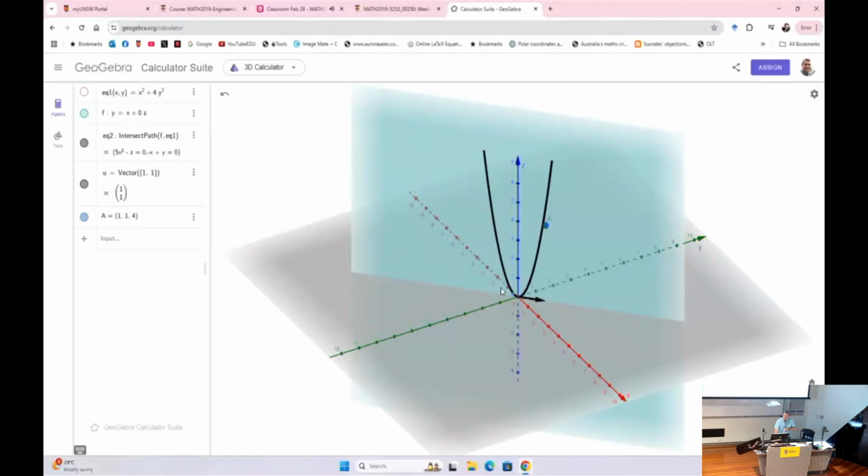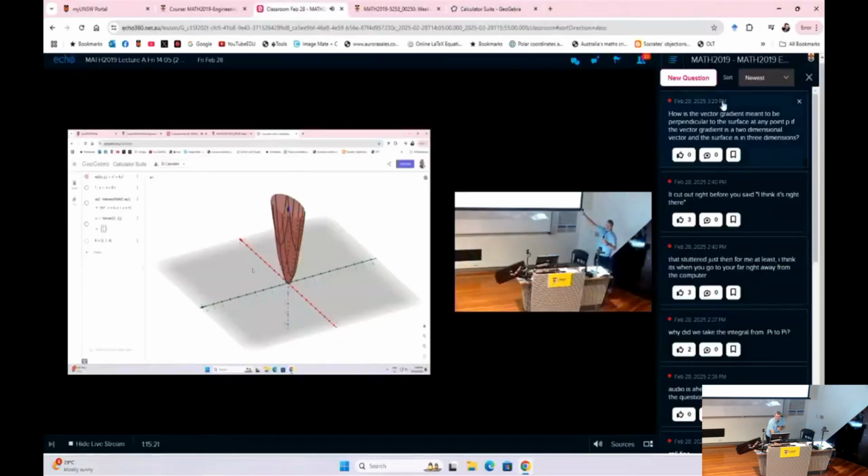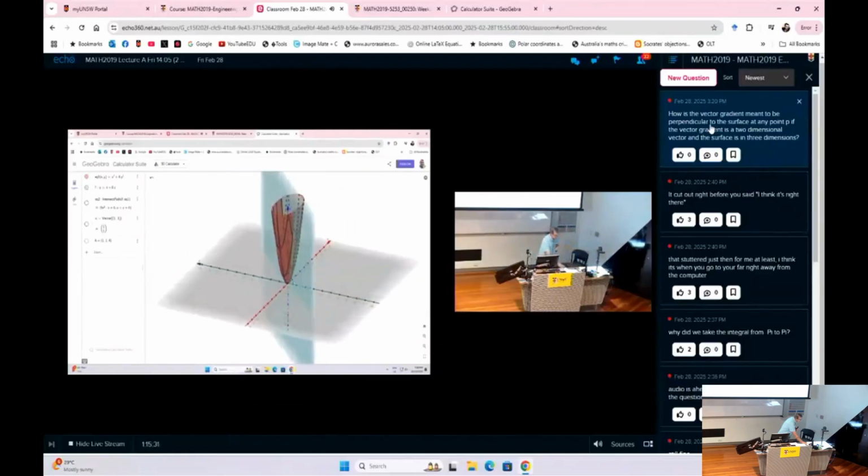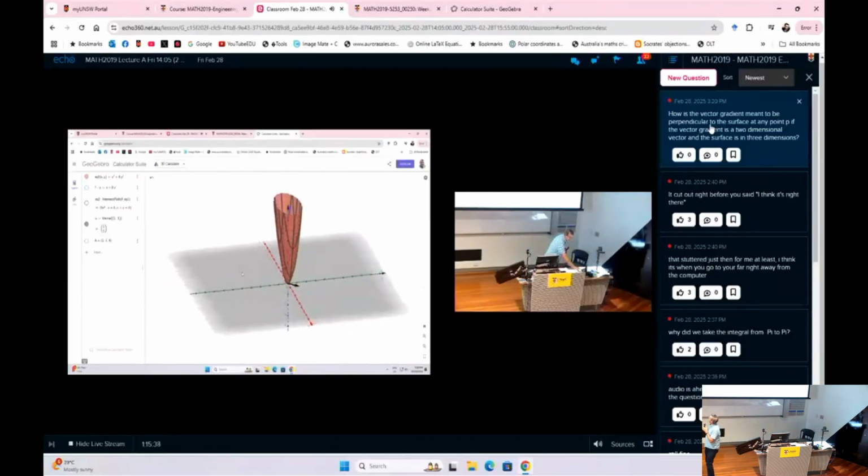All right, let's see what's happening at home. Hang on, there's a good question. How is the vector gradient meant to be perpendicular to the surface at any point P?